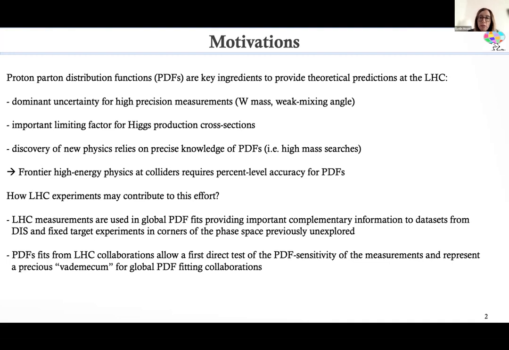But we can contribute further to these efforts. Indeed, PDF fits from LHC collaborations not only allow a first direct test of the sensitivity of PDFs to our measurements, but they also represent a precious vademecum for global PDF fitting collaborations on how to use LHC data in the fit.